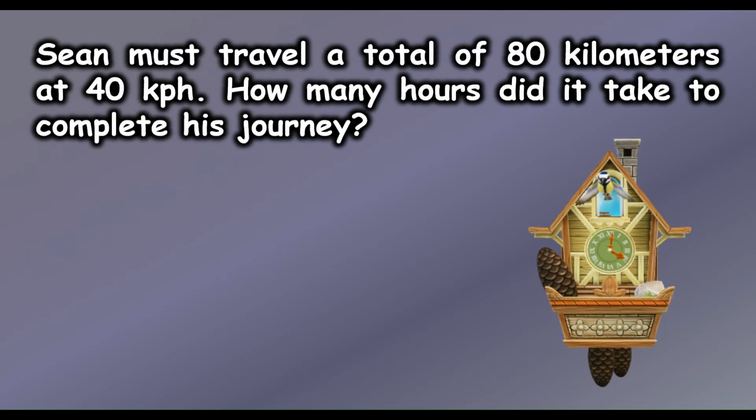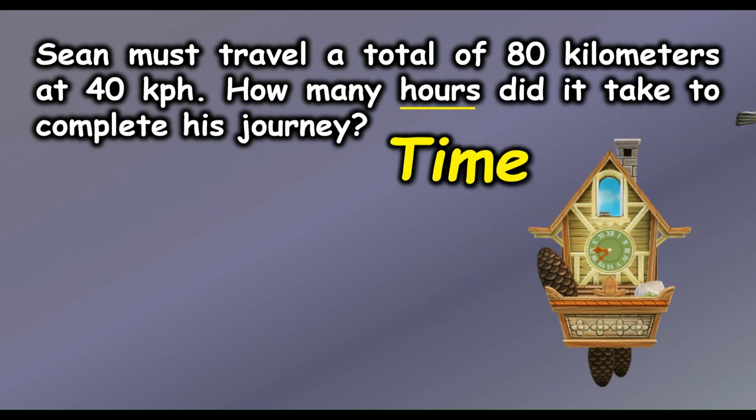Here are some examples of problems related to time. Sean must travel a total of 80 kilometers at 40 kilometers per hour. How many hours did it take to complete his journey? This problem talks about the time taken to complete Sean's journey. Therefore, we solve for time.